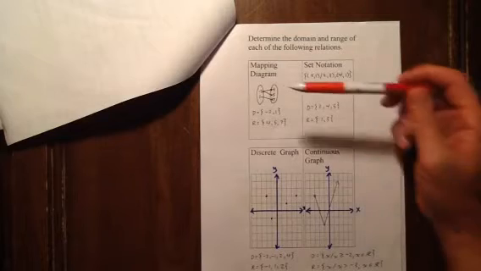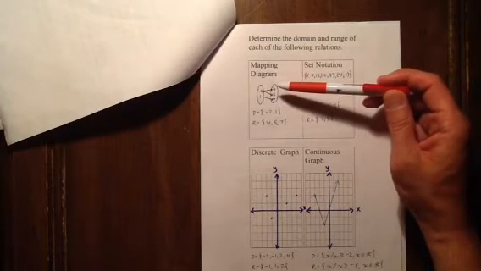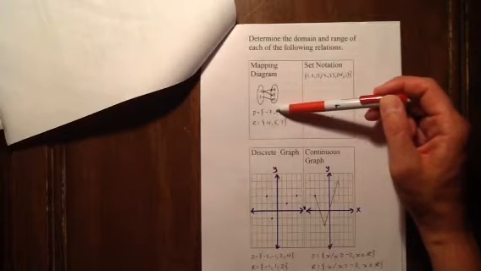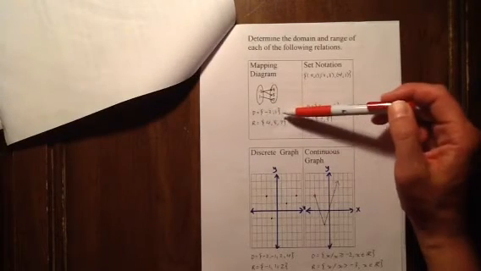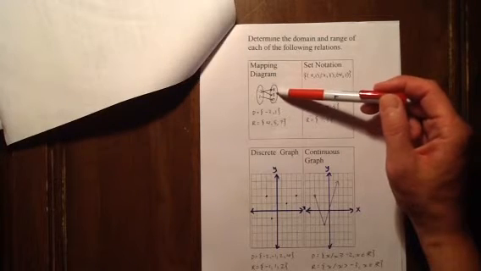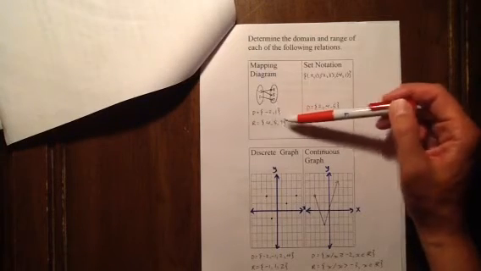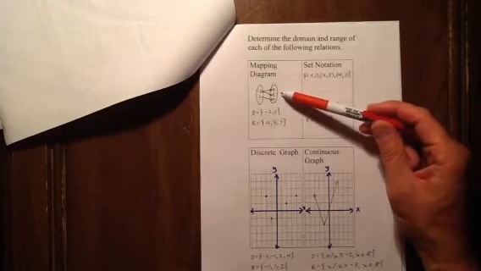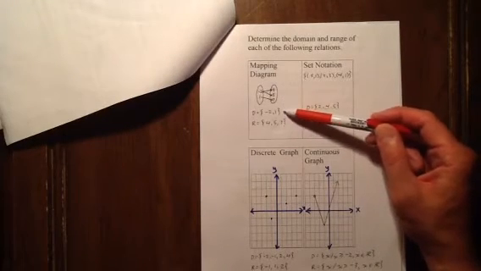So we have 3 possible ordered pairs here, but our domain only has 2 values. Our domain has the values -2 and 1, and so we say the domain is the set of -2 and 1. Our range is the set of 4, 5, and 7. And so that is how we would state the domain and range of a mapping diagram in set notation form.